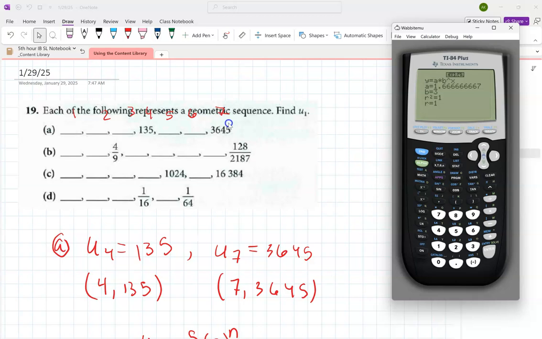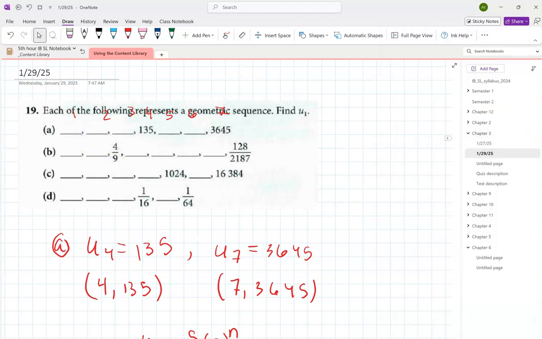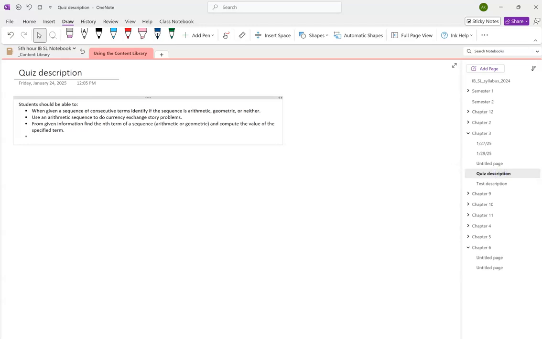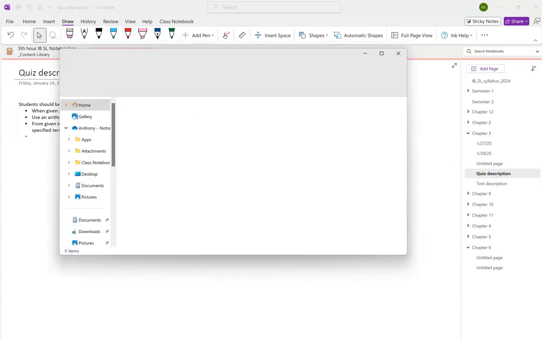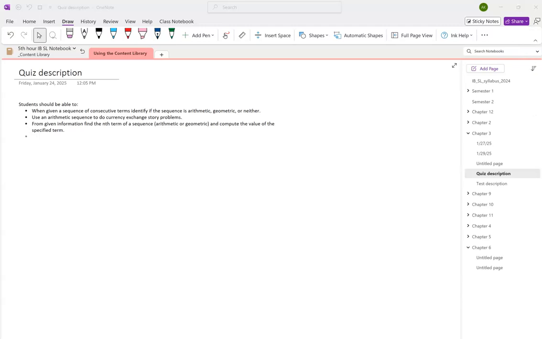Yeah, Alessa. This is kind of random, but for the quiz, will we have the base equations for geometric and arithmetic? Yes. Okay, since there are only the two types. Yeah, let me double check here for you real quick.